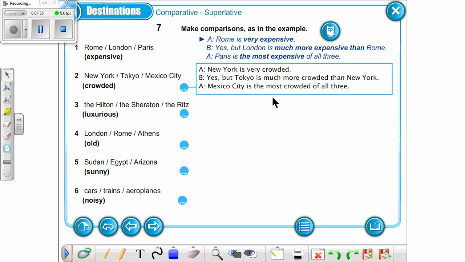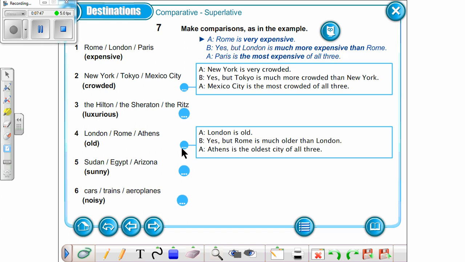Okay, so here let's go to number 4. London, Rome, Athens, old. So when I say London is old, yes, but Rome is much older than London. Athens is the oldest city of all three, and so on.